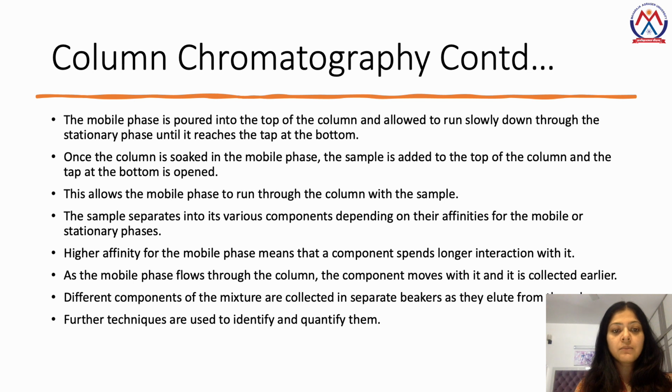Higher affinity for the mobile phase means that a component spends longer interacting with it. As the mobile phase flows through the column, the component moves with it and it is collected earlier. Different components of the mixture are collected in separate beakers as they elute from the column. Further techniques are used to identify and quantify them.